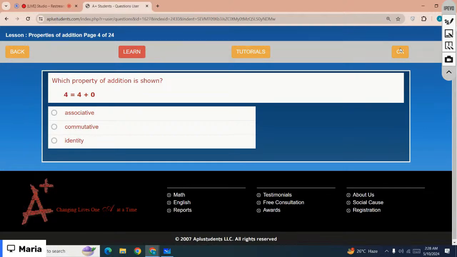That is identity. 4 plus 0 equals 4. The correct option is identity.